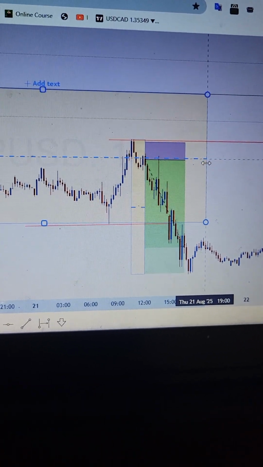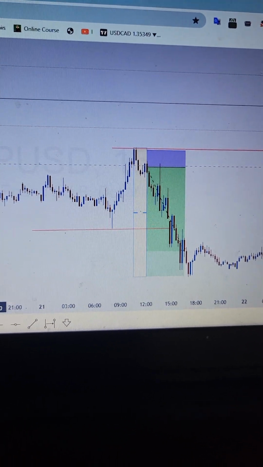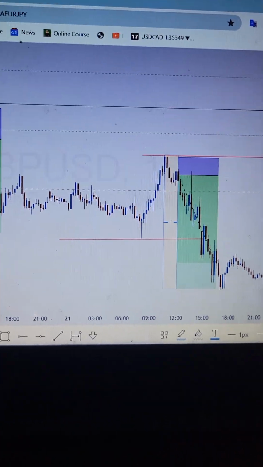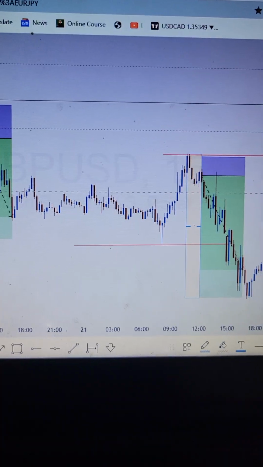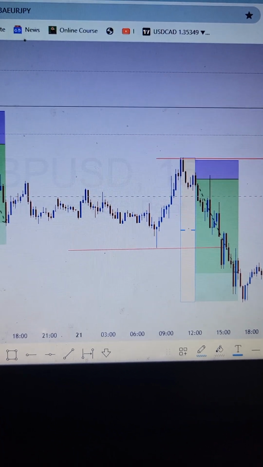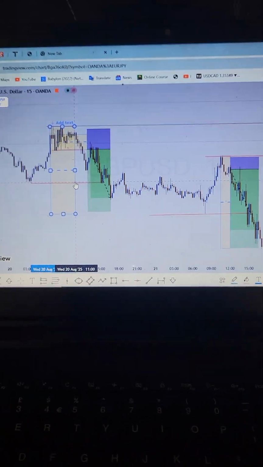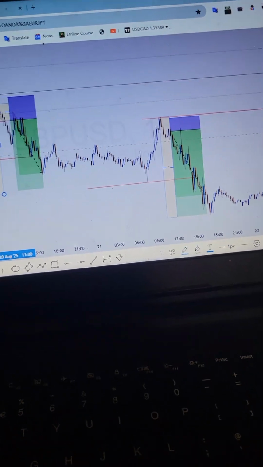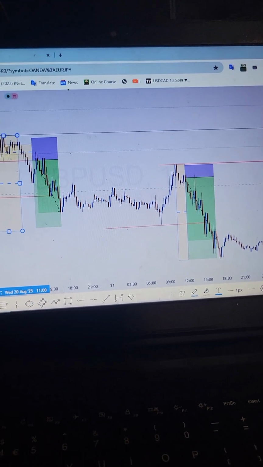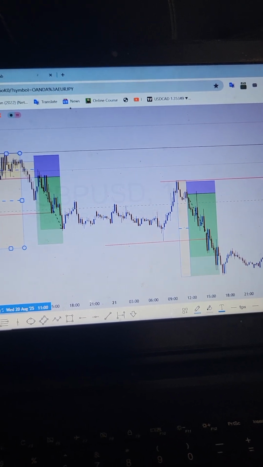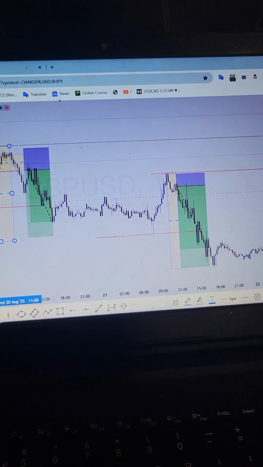So guys, this is the strategy I've been using to be growing my little account. Though I used to acquire some losses in the financial market, overall when I started trading this strategy, I've been getting more wins than losses.